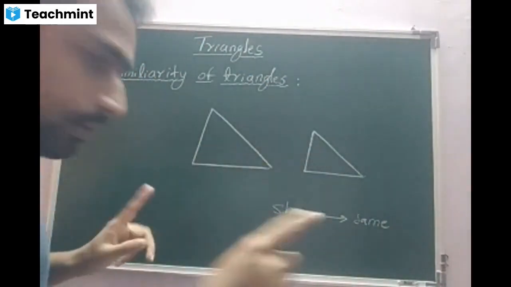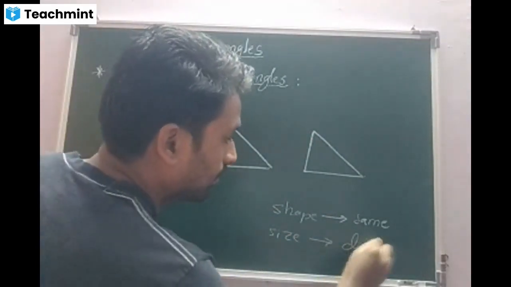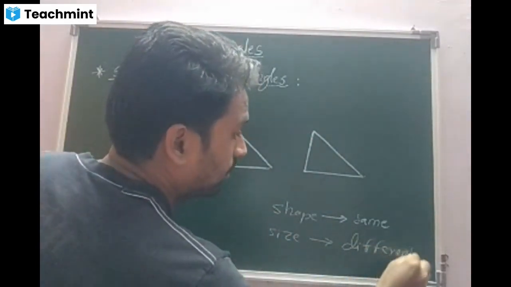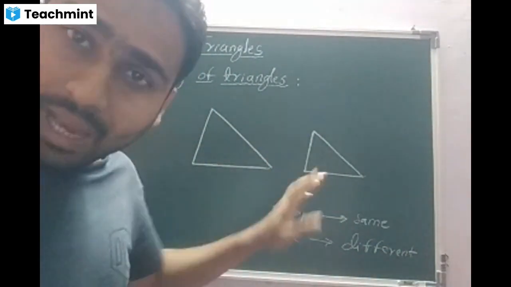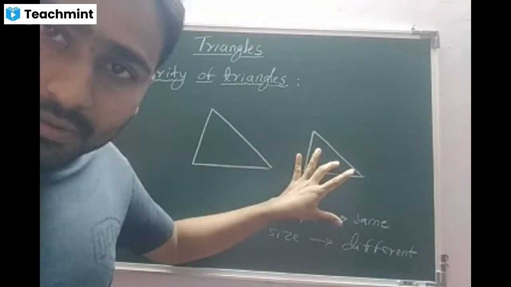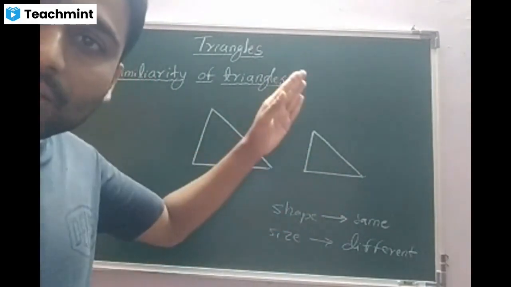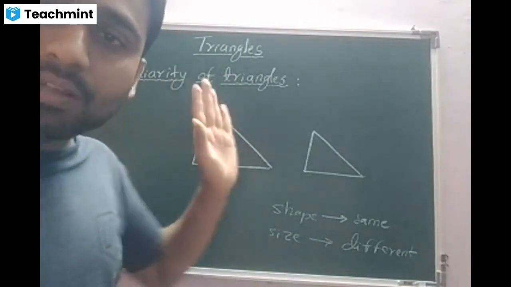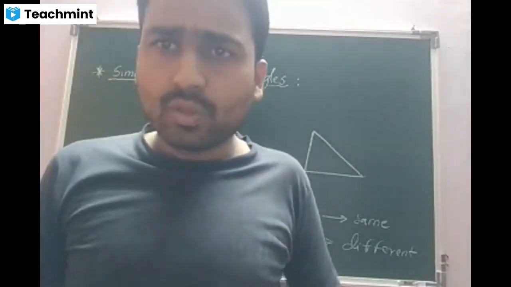Is that clear to everyone, beta? Yes, sir. So, the general definition holds true here also. The two triangles having same shape but different sizes are called as similar triangles. Am I right, beta? Yes, sir. What does it mean?